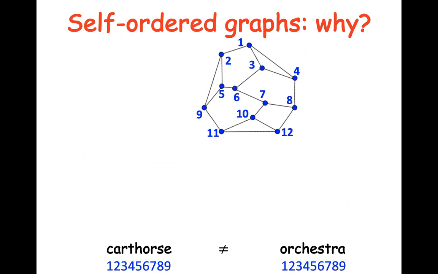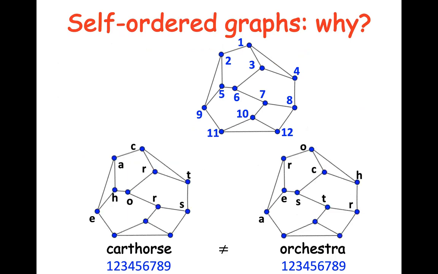If you have these two words we saw before, these are ordered structures, we can embed them into graphs if we have an asymmetric graph. Simply put these letters according to the canonical labeling. And of course, once we have these labeled graphs, they will also be different. In fact, they will be non-isomorphic.